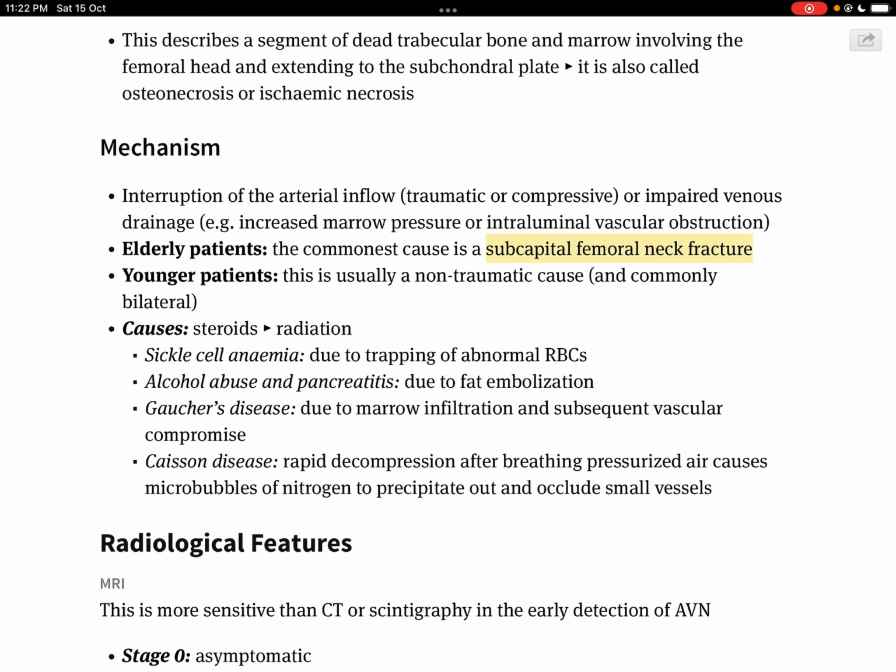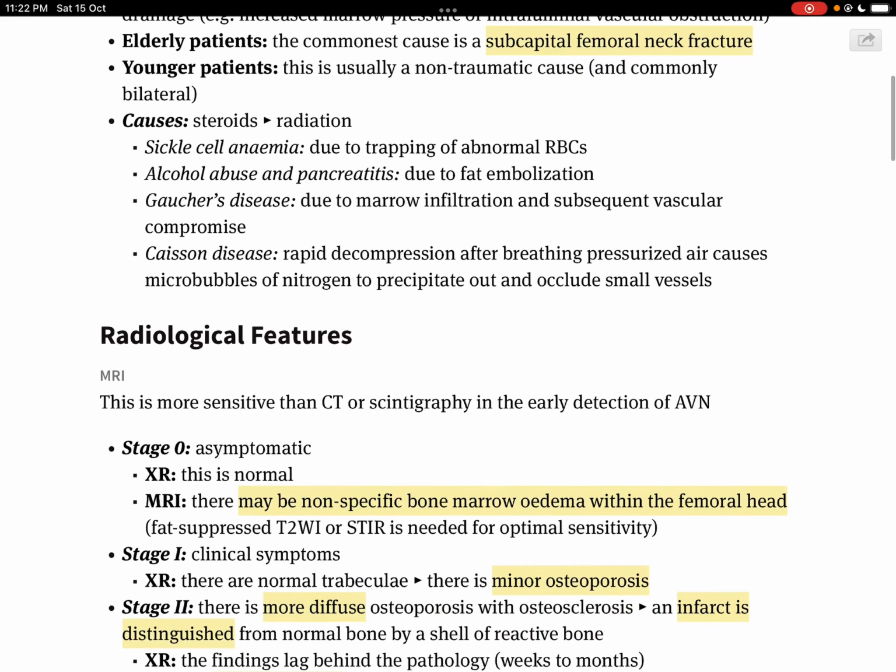Gaucher's disease causes marrow infiltration and subsequent vascular compromise. Caisson disease: rapid decompression after breathing pressurized air causes microbubbles of nitrogen to precipitate out and occlude small vessels.